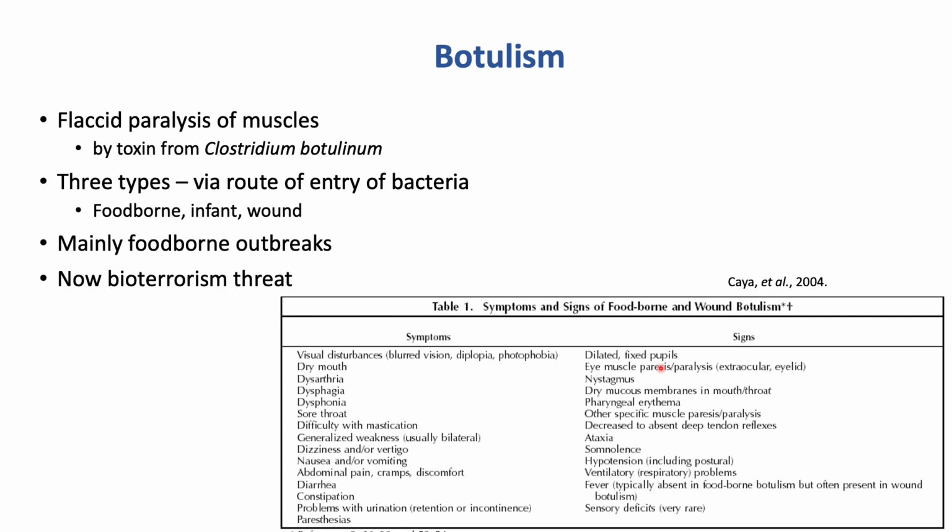This table basically explains the symptoms and signs, and these are the same for wound botulism. However, the gastrointestinal issues like nausea, vomiting, abdominal pain, cramps, discomfort, diarrhea, and fever are typically absent in wound botulism.